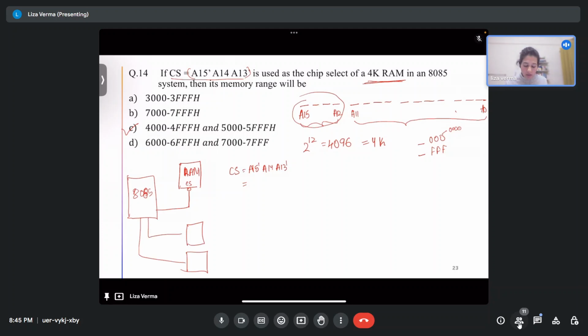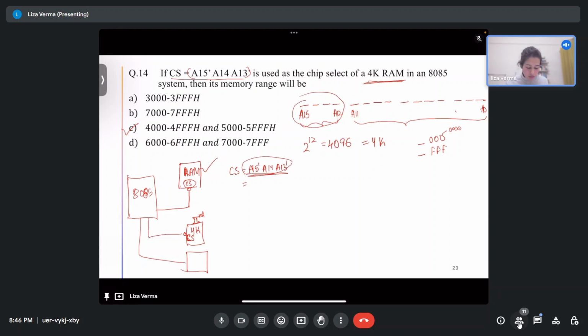So to differentiate which chip is to be selected, different chip select signals are used for different chips. If this chip select is for this 4K RAM, and there is also a second 4K RAM, the chip select of the second 4K RAM will be different from this.